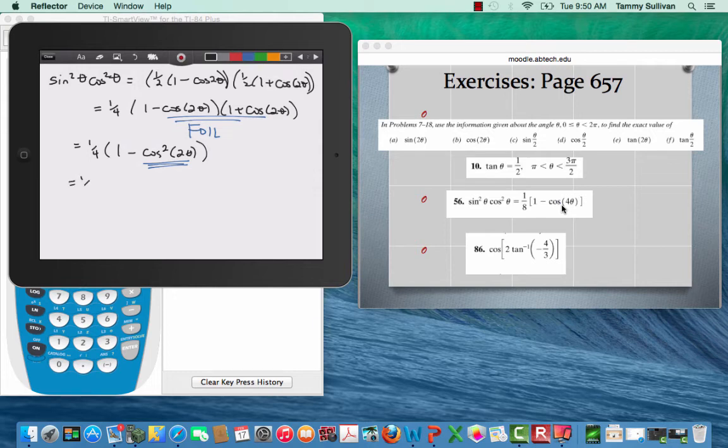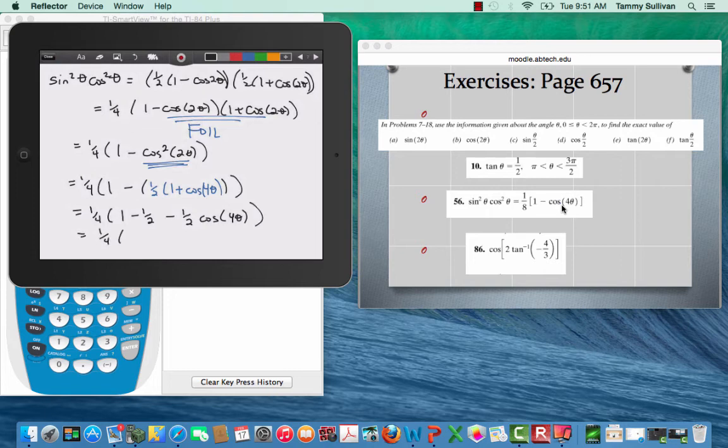So I've got the 1/4, the 1 minus, and so that's going to be 1/2 1 plus cosine now of 4 theta. So when I look at that, I've got 1/4, I've got 1 minus 1/2 minus 1/2 cosine 4 theta.